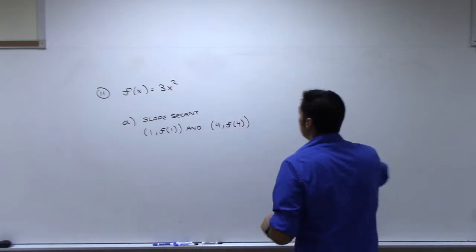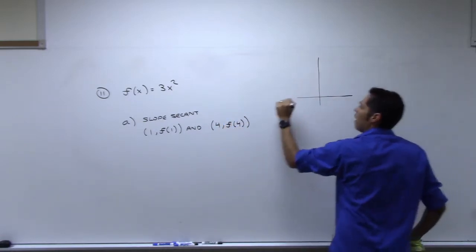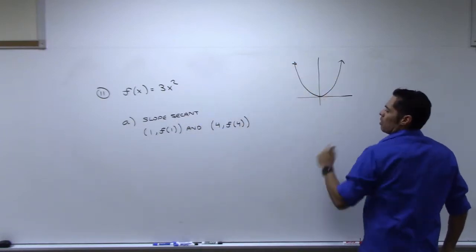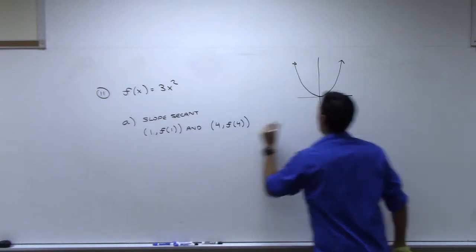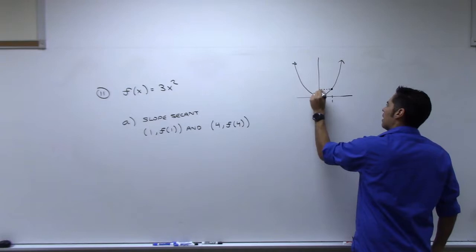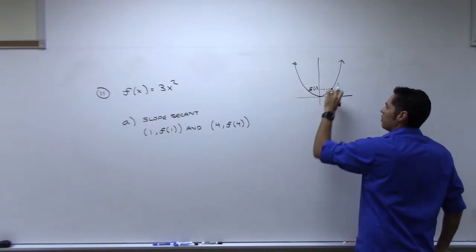So real quick, graphically what's happening here is we have a parabola that opens up like this, and we're going to the point x value of 1 and plugging in, and that gives us f of 1. That's how tall this function is there.